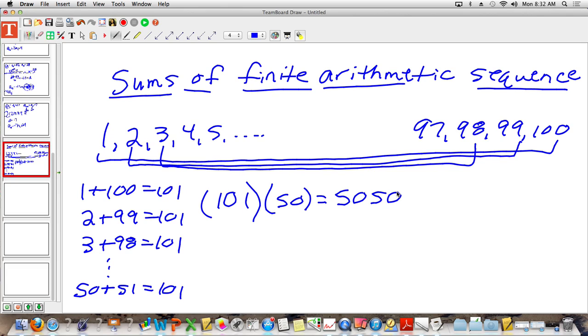So this is the deal. All he really had to do was take the very first number, which was 1, and add to it the very last number, which is 100, and multiply that by how many numbers there are, which is 100, but then divide that by 2.